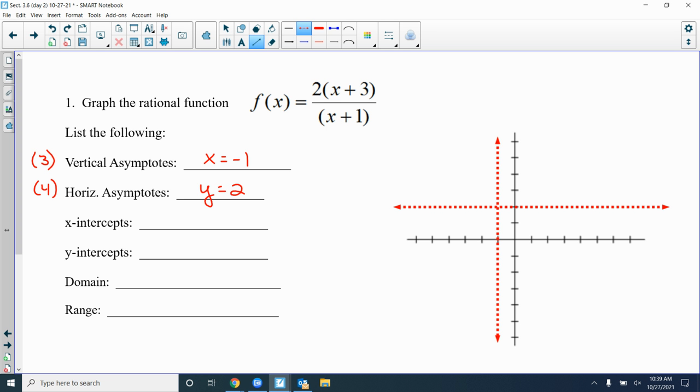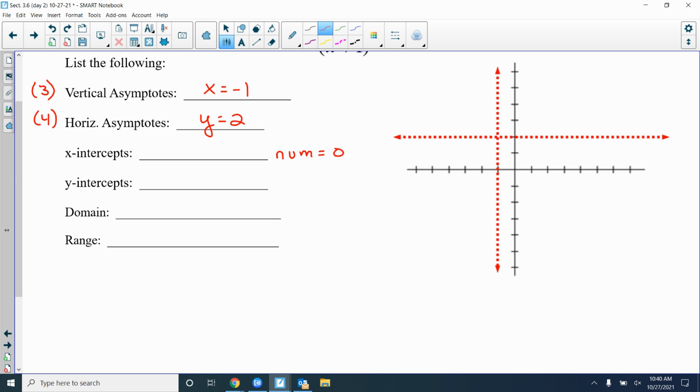All right, x-intercepts. x-intercept is missed the most. Numerator equals 0. That's what will make the whole thing equal to 0. What number, when you plug it in, will make the whole thing become 0. Okay, that is where your numerator equals 0. So that is 2 times x plus 3.